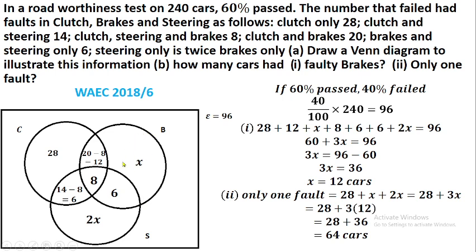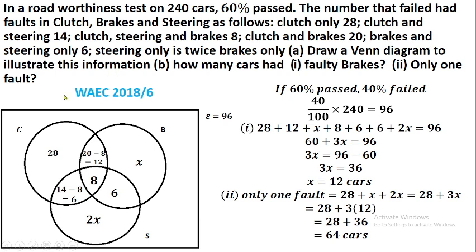So if you know brake only, we know steering only. According to this statement, steering only is twice brake only. So if our brake only is X, then we say let our brake only be X, then our steering only will be what? 2X, according to what you are having here.